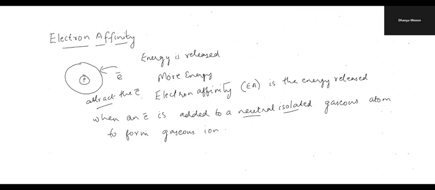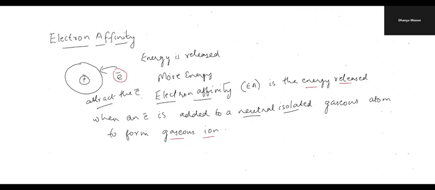So electron affinity is the energy released when the electron is added to the neutral isolated gaseous atom to form a gaseous ion.